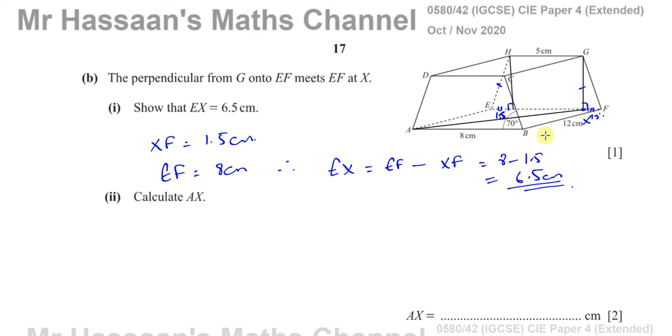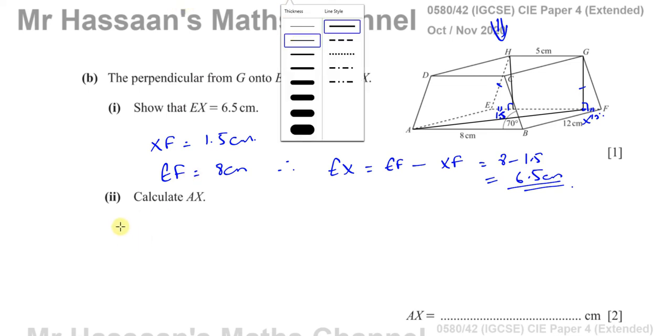Now, if we want to find what AX is, we need some information here. So we know what EX is. If we consider looking at this from above, looking at the base, we would have something that looks like a rectangle.